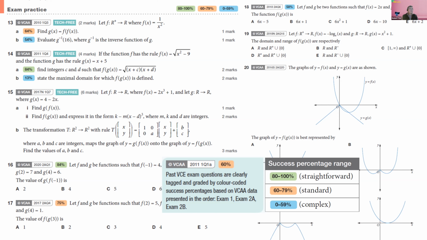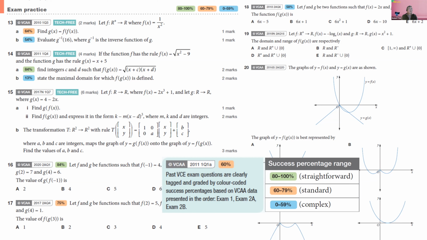And as you know, in methods, we have exam 1 questions, which are tech-free. So they're listed first. And then we have exam 2 part A, which are multiple choice questions. They're listed second. And then finally, we have exam 2 section B, which are your written response or short answer questions.